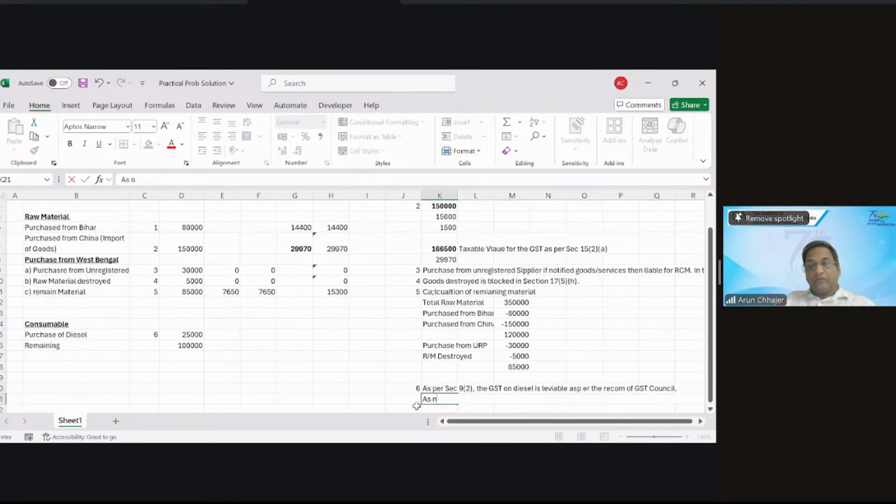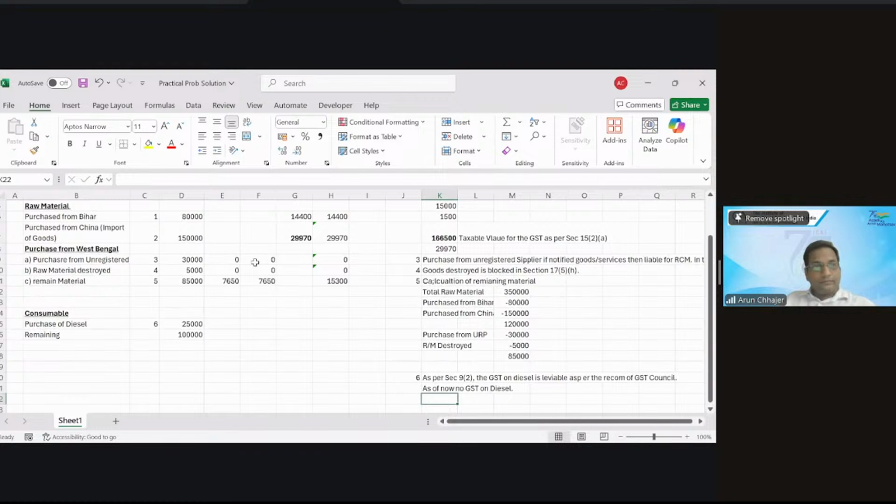As of now, no GST on diesel. So there will be no tax.